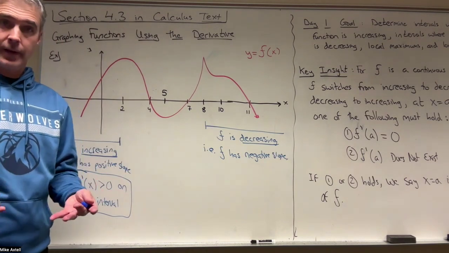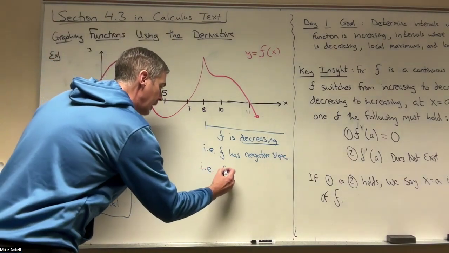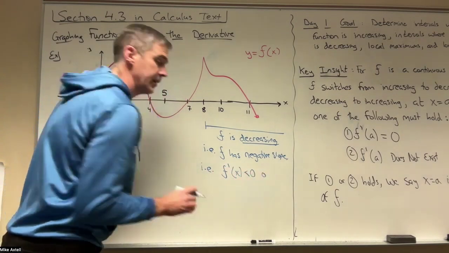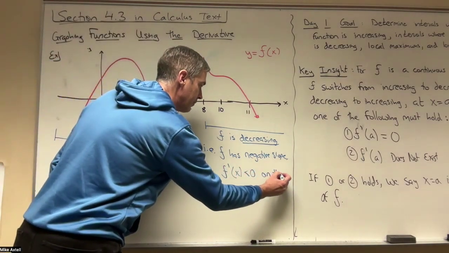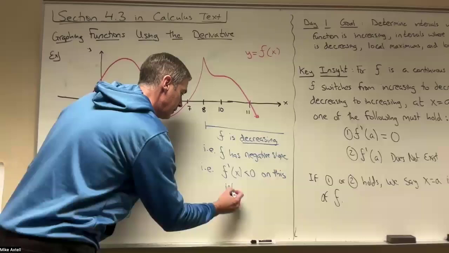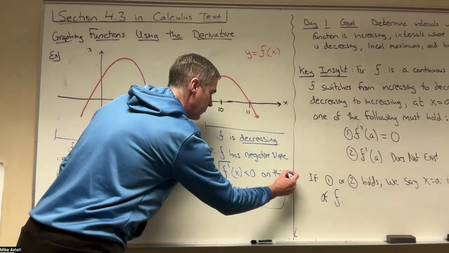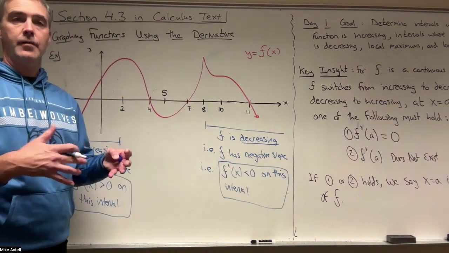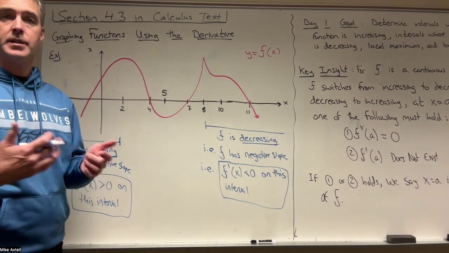And again, we know how to find the slope via the derivative. So i.e. f prime of x is less than 0. Sorry, I misspoke. It's negative on this interval. All right, so the take home here is f decreasing is the same as when f prime is negative.